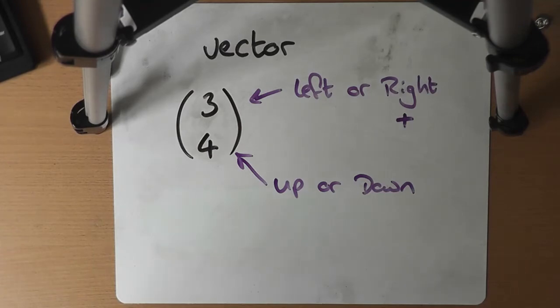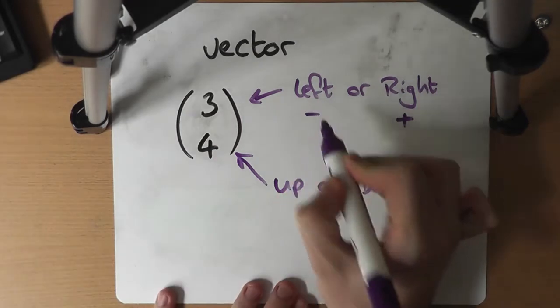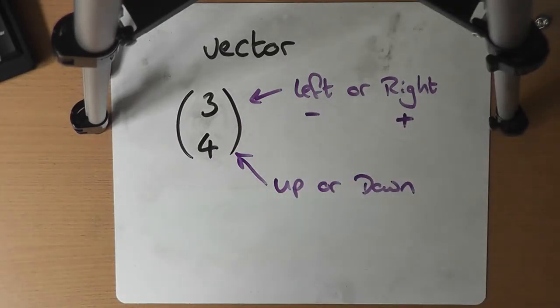If we look down the left direction of the horizontal x-axis, we're moving from 0 to -1 to -2 to -3. So if that number at the top is a minus number, then we are moving to the left. Similarly with the vertical y-axis, the positive numbers are moving upwards.